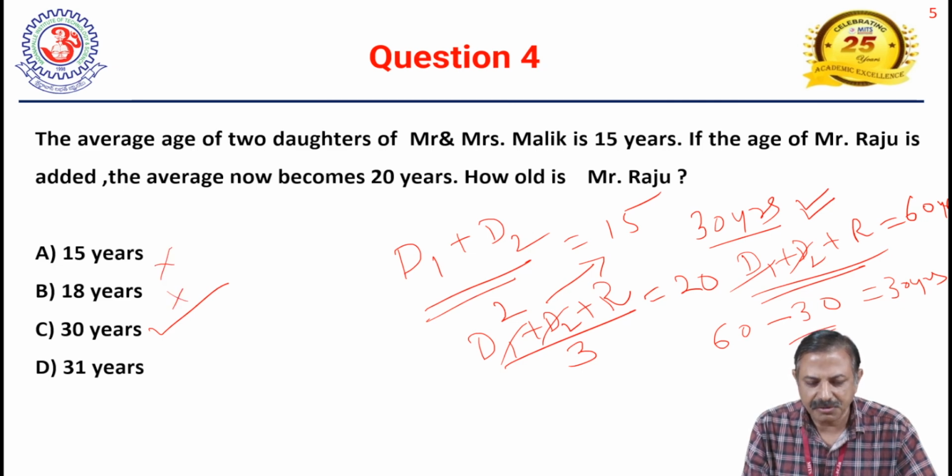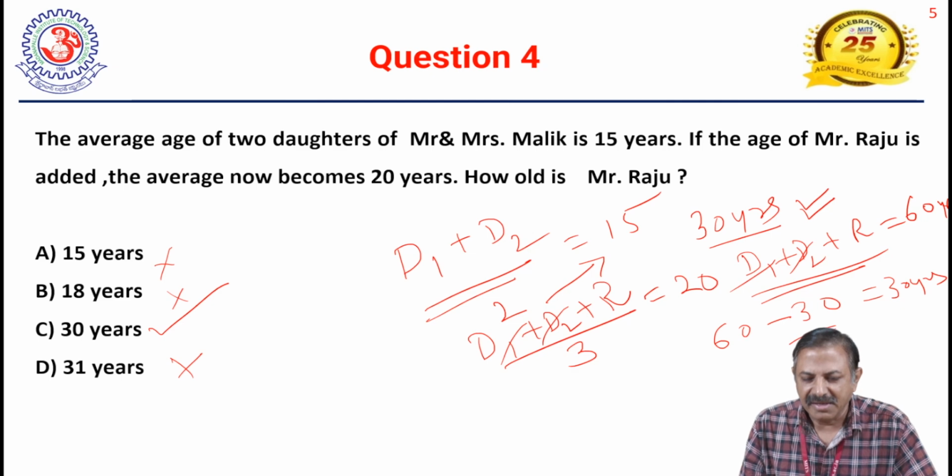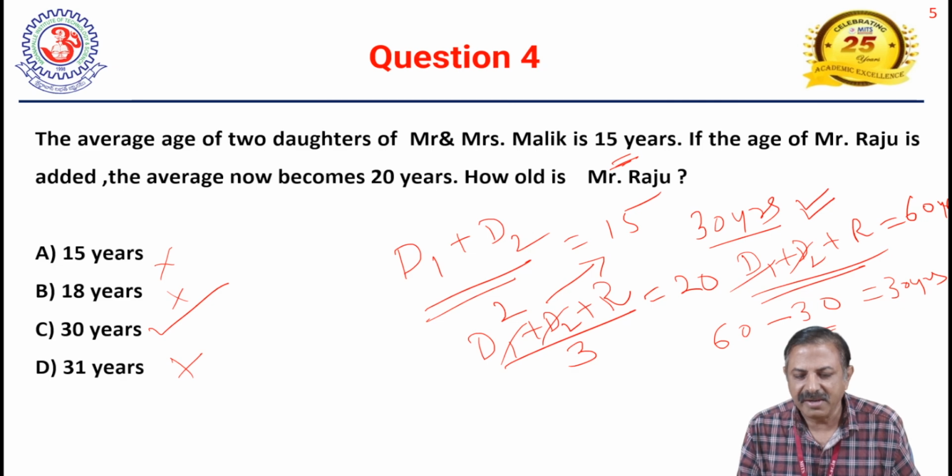So let us see this question once again. What we are doing here is the average age. Average means making everything equal. That is, one member is 15 years, second member is also 15 years. Total of the ages will be 30 years. So if the 2 daughters' average is 15, the total of the 2 daughters will be 30.